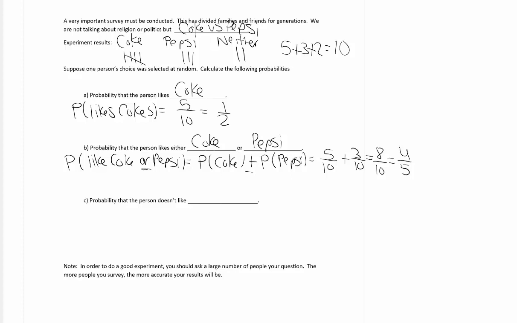All right, part C, the person that doesn't like Pepsi. Now, there are a couple of different options that we can do for this, right? Option 1, if we don't want Pepsi, that could be written like this. Well, the options are the person likes Coke or the person likes neither.